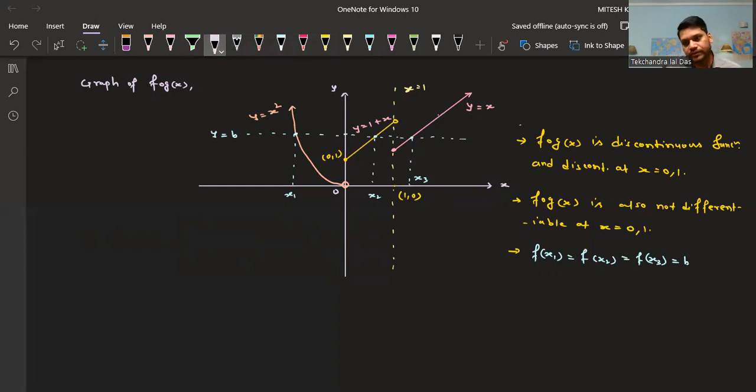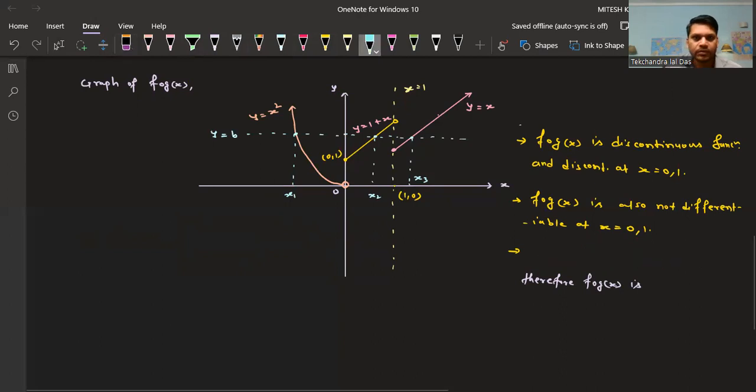So also we can say, therefore, this is not f of x1 simply, this is f composite g of x1. Let me write like this: f composite g of x1, f composite g of x2, f composite g of x3, all having value b.